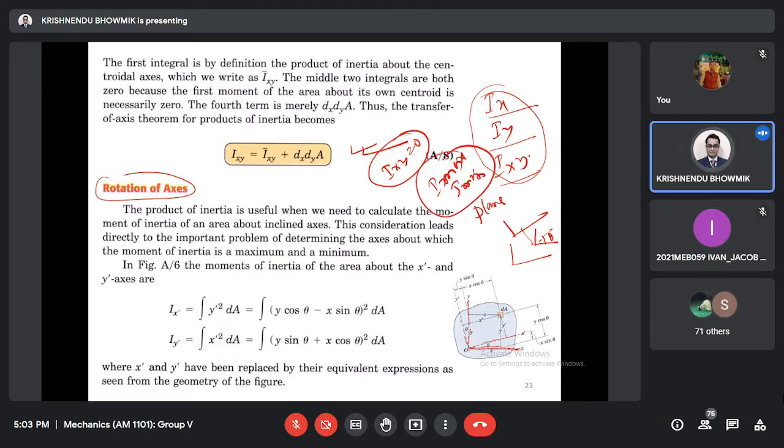That is our target. We are considering some imaginary rotations for which there should not be any product of inertia. Only I remains, which in that case will be I maximum or I minimum.